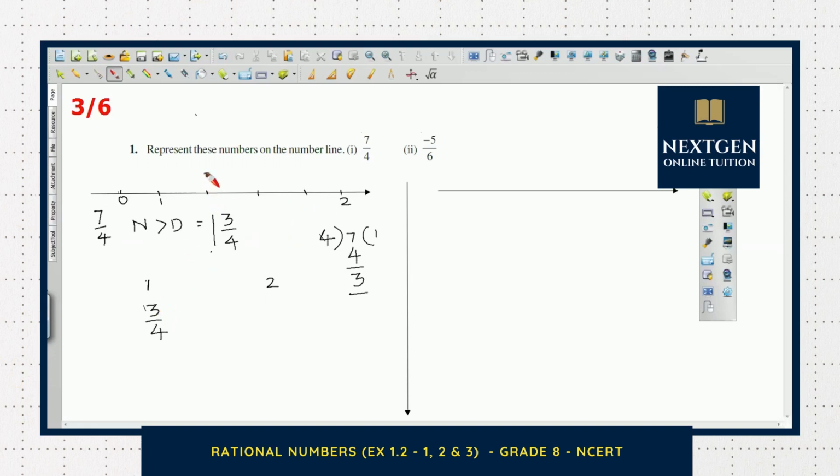So this is my 1 by 4, the first part of the 4 subdivisions. This is my second part, this is my third part, and this is my fourth part, 4 by 4. So my 3 by 4 can be located here. So 7 by 4 I have marked here.